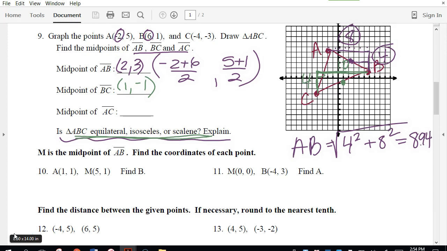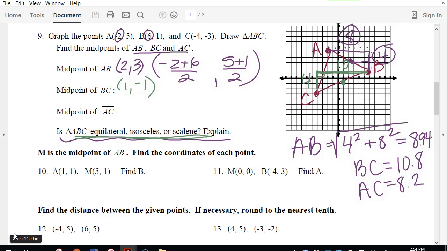So you would do that to each side. Let me tell you what you would get so we can spend time on other problems. You would get 8.9 for AB. You're going to get 10.8 for BC. And you're going to get 8.2 for AC. None of those numbers match.